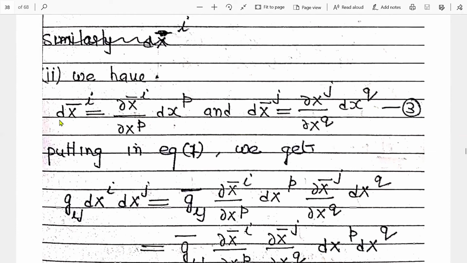Similarly, we have dx bar i, which is equal to these values. Now find the value of dx bar j similarly. Now putting in equation number 1. So dx bar i, dx bar j, that is in equation number 3.